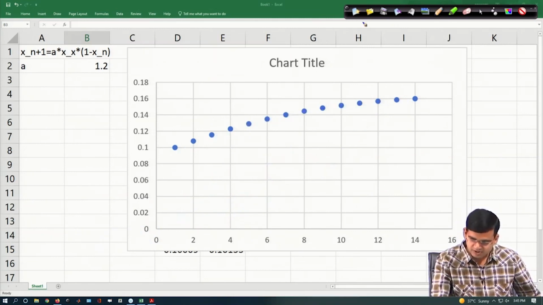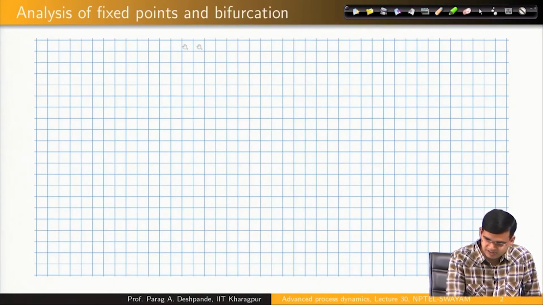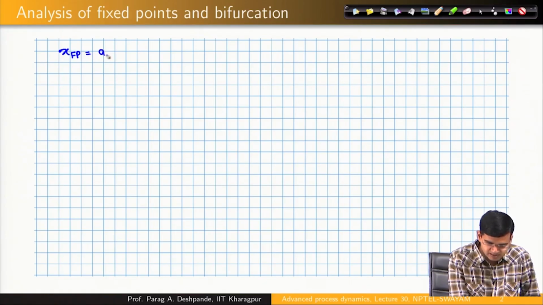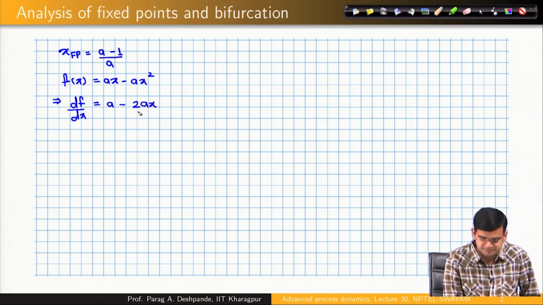Now, let us look into the second fixed point. Our second fixed point x* was (A minus 1) upon A, and f of x is equal to A x minus A x squared, which means df by dx was A minus 2 A x.